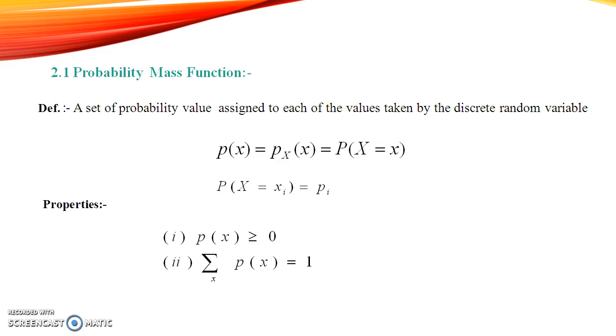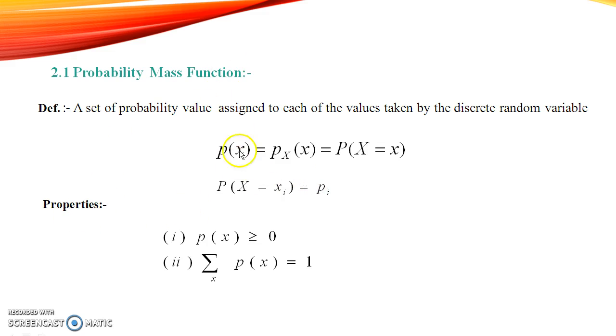This is nothing but the probability mass function, denoted as p(x) = P(X = x). Here x is the outcome, and we are applying a real number to it. x = x1 up to xk, P(X = xi) = pi. This is the probability mass function of a discrete random variable.